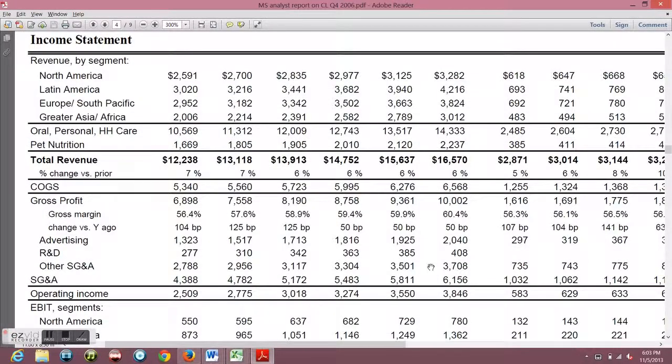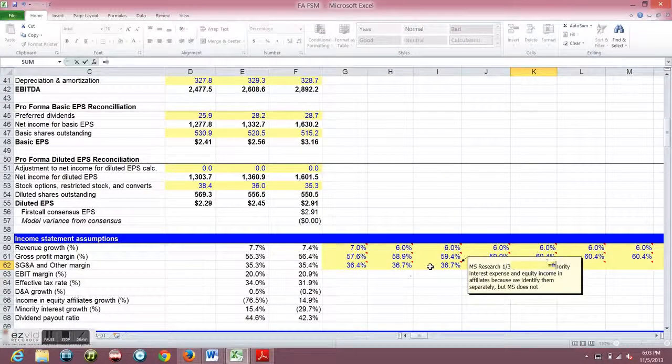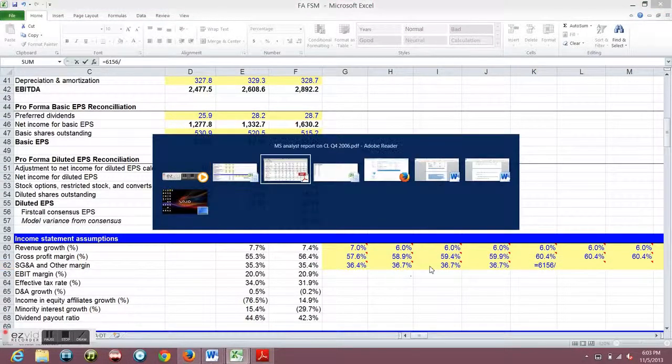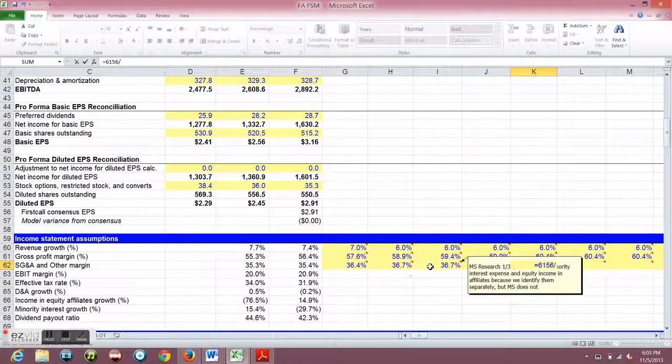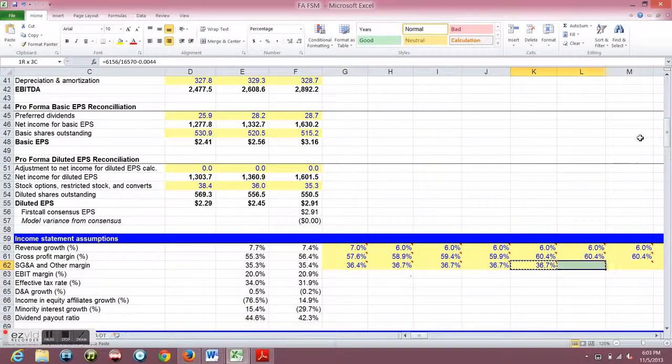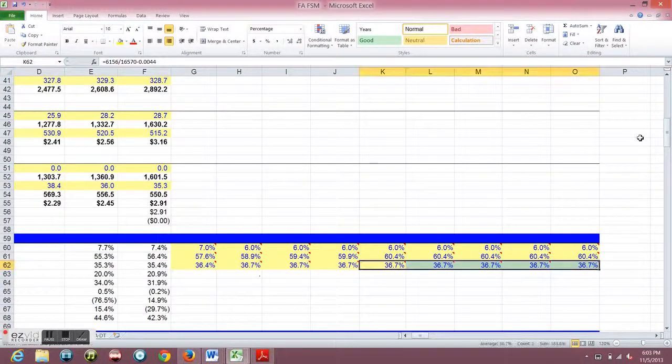Now one more left. 6156 divided by 16,570, minus 0.0044. And you can see it doesn't make that big of a difference, but we have to do that. Now we're going to straight line it.